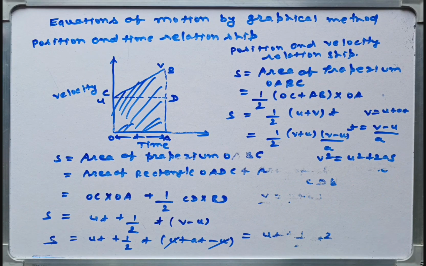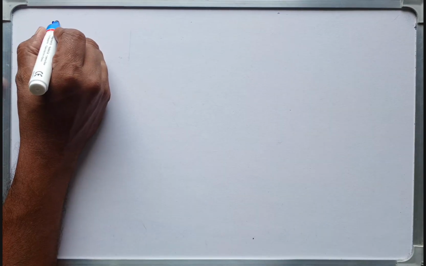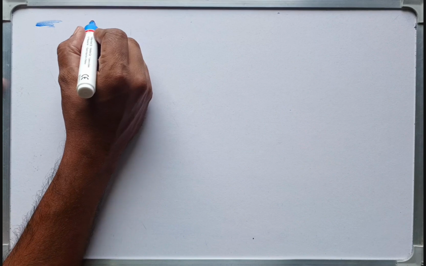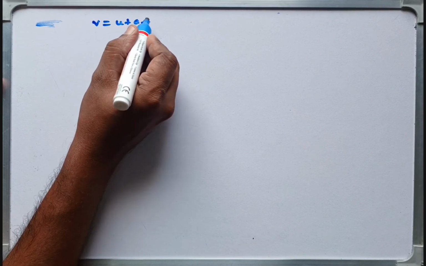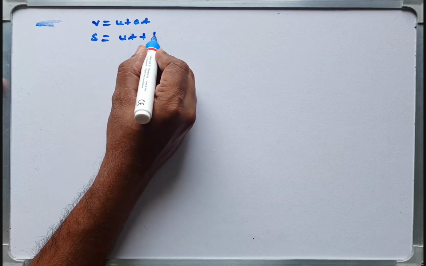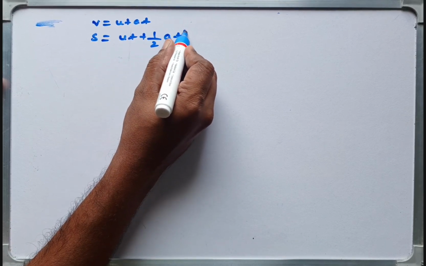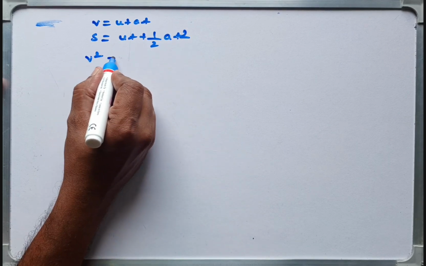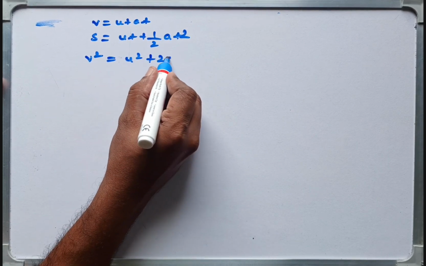So now we have learned the equations of motion of an object. Next we see how to apply these equations to solve problems. We learned three equations: v equals u plus at, s equals ut plus 1 by 2 at square, and v square equals u square plus 2as.